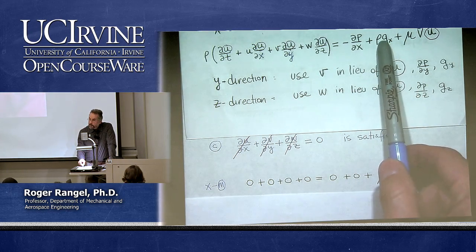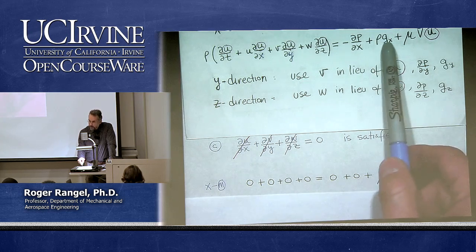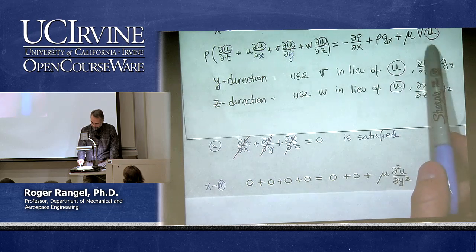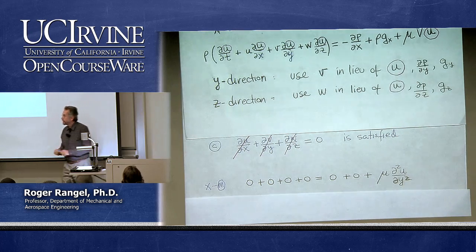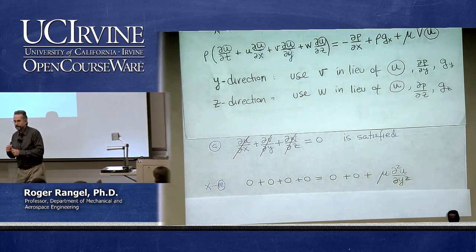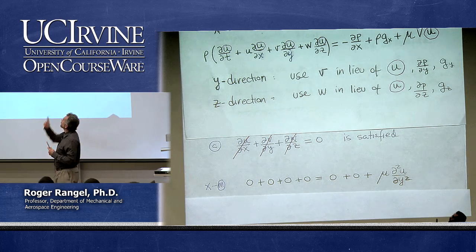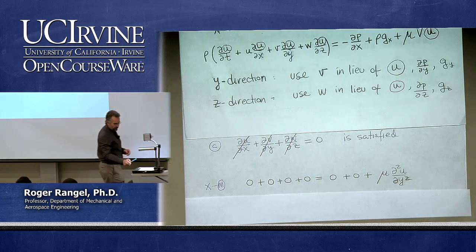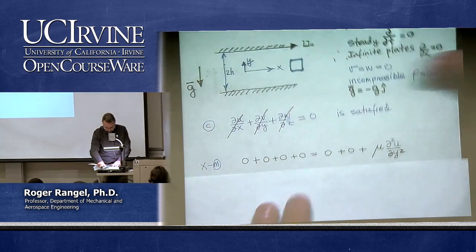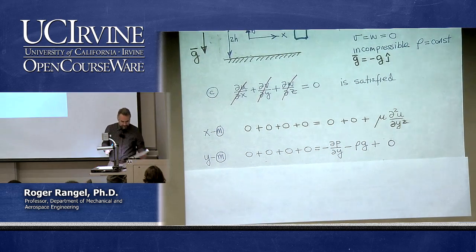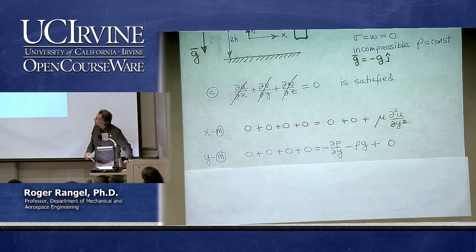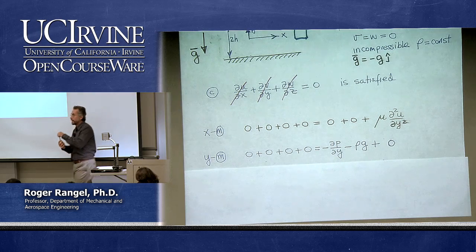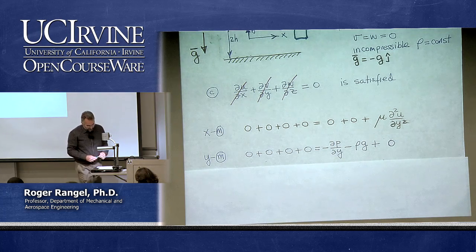The gravity will be fully in that direction, rho g y, but that's now negative, right? Negative rho g. And what about the viscous term in the y direction? 0, because that u on the right-hand side there is now a v. So the only thing that is left in the y direction is that. Notice how I flip the sign of the rho g because my g is in the negative y direction. And that's all I have left.